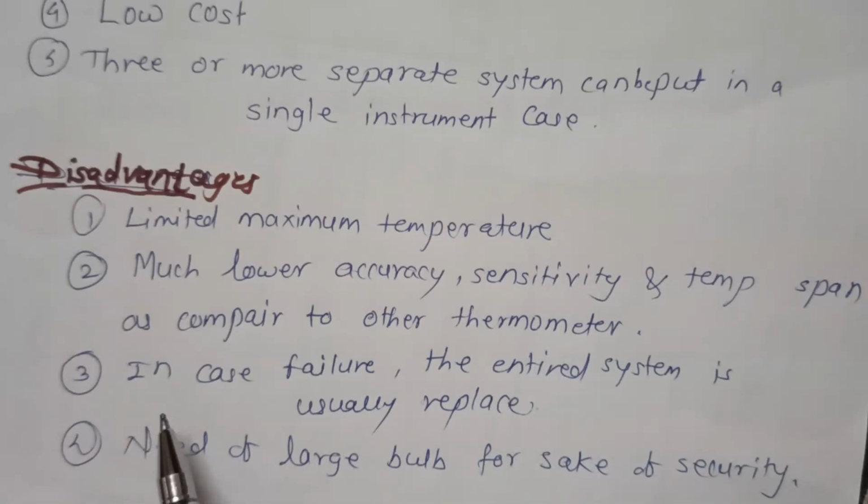Third disadvantage is, in case of failure, the entire system is usually replaced. Fourth, need of large bulb for sake of security. These are the disadvantages of gas filled thermometer.